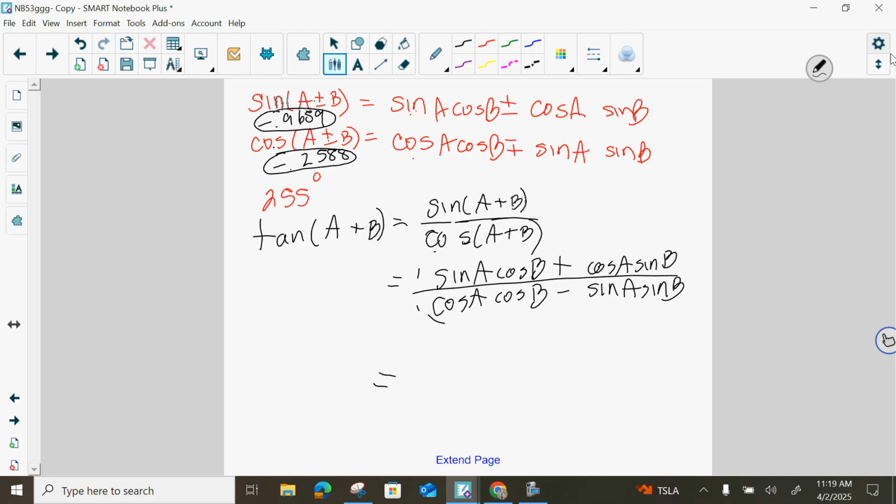So how can I take all of these and only get tangents? Hint is you want to multiply by a convenient form of 1. So what is that convenient form of 1 going to be so that I don't have any sines or cosines left?